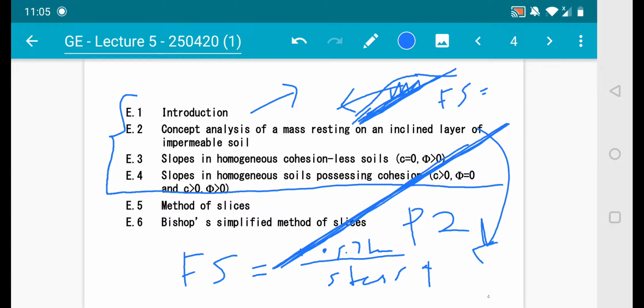We still consider it as a straight line failure. And E4, we move to the slope in homogeneous soil possessing cohesion, when you have a C with a value. We did look at Culmann's method, if you remember, and the next one is on the stability number method. Right now we're moving to the method of slice and also the Bishop simplified method.